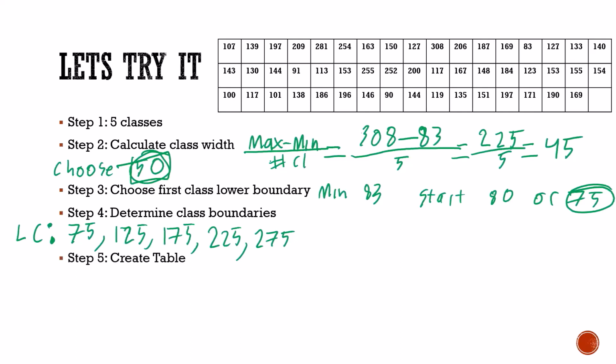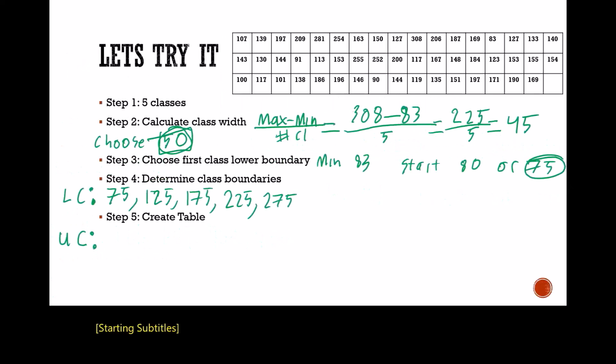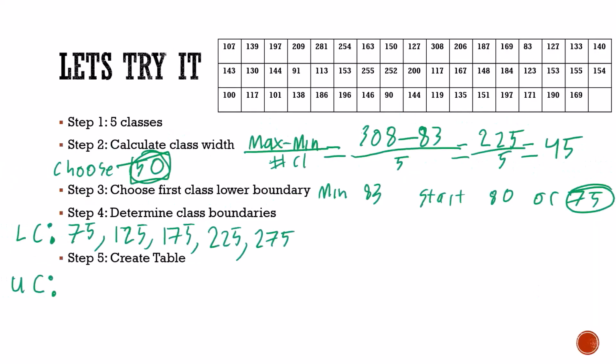You want to create the table, but to help you do that, it'd also be good to have your upper class boundaries. That's just going to be easy to find once you look at it. It's going to be one less than your next class boundary. So my second class starts at 125, so my first class must end at 124.